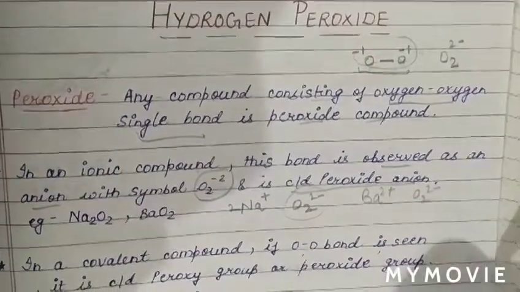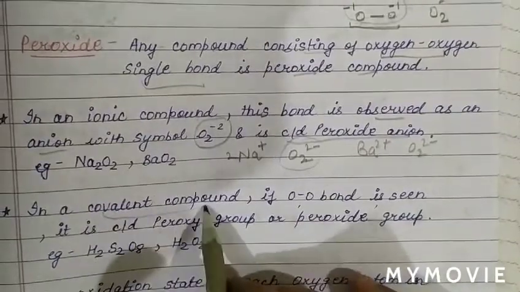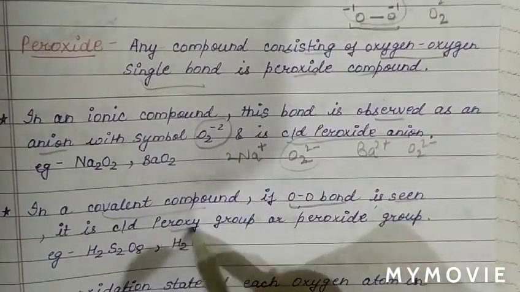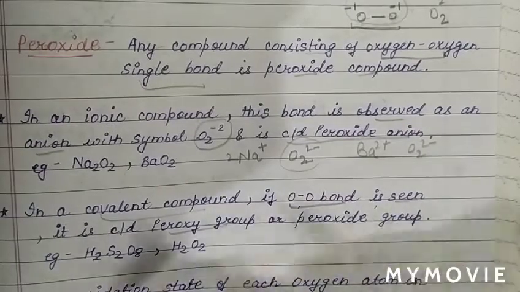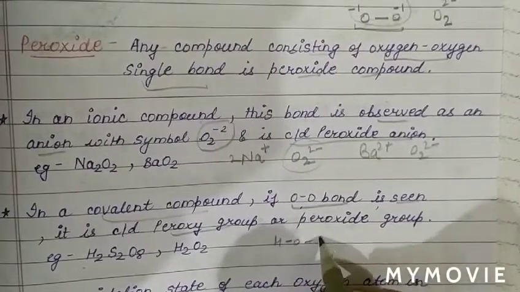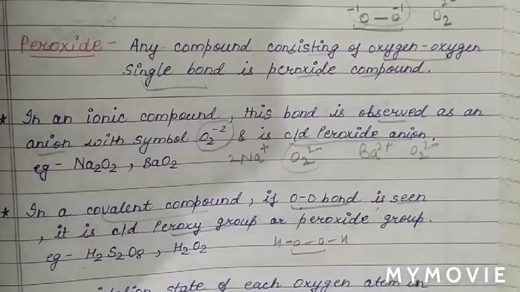If in a covalent compound an oxygen-oxygen bond is seen, then again we call it a peroxy linkage or peroxide group, like in H2O2 and H2S2O8. We know the structure of H2O2 is like this, so in this covalent compound we can see the oxygen-oxygen linkage.